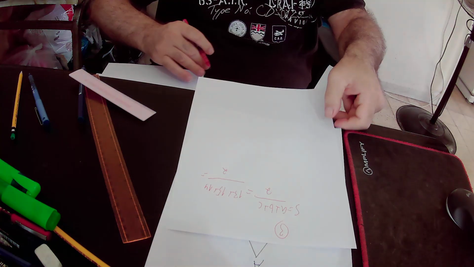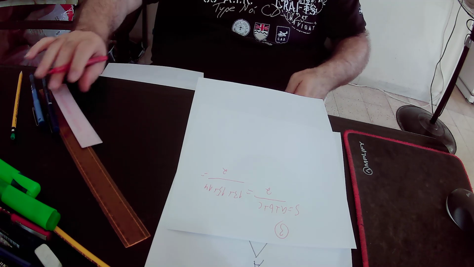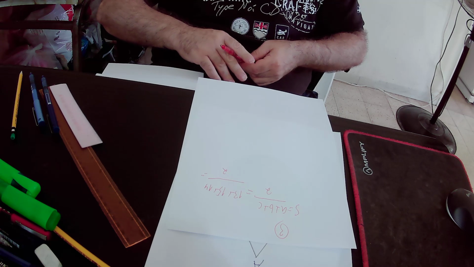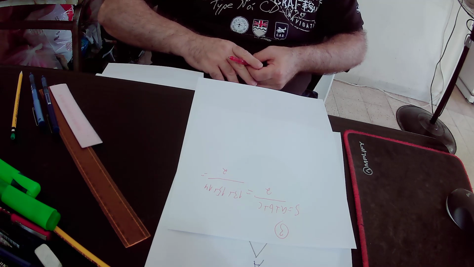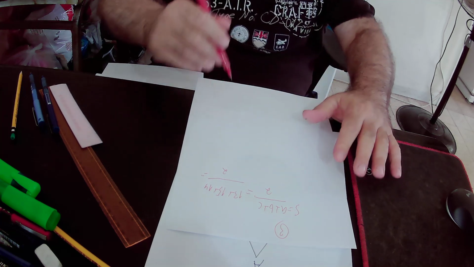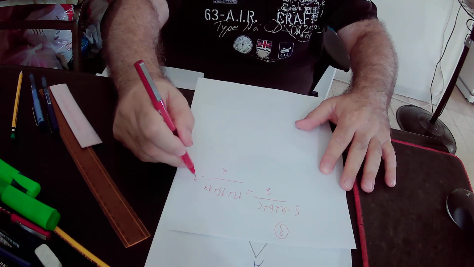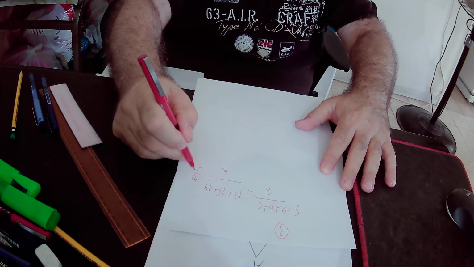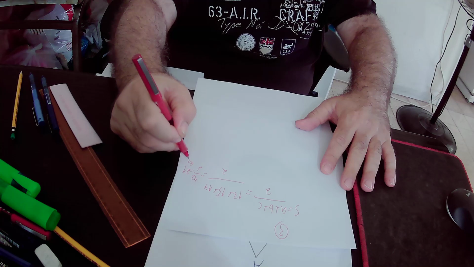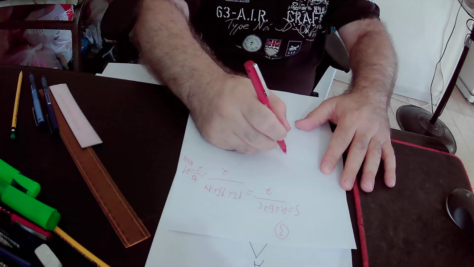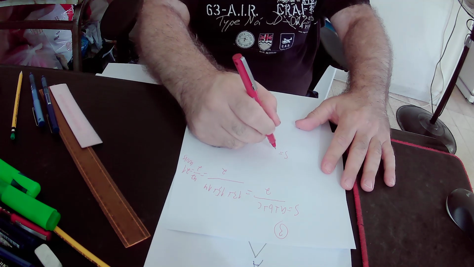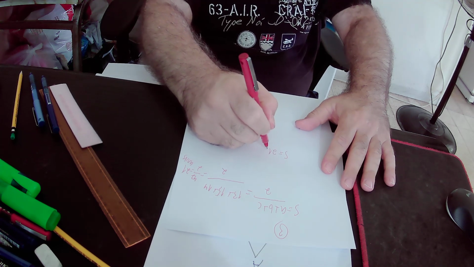So actually 13 plus 15 is 28, and 28 plus 14 equals 42. So 42 over 2 equals 21 units. So the semi-perimeter of our triangle ABC equals 21 units.